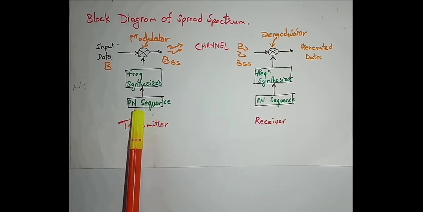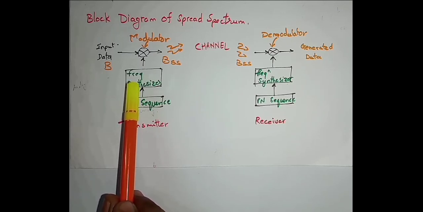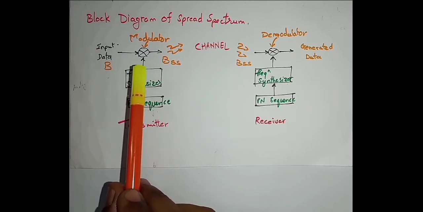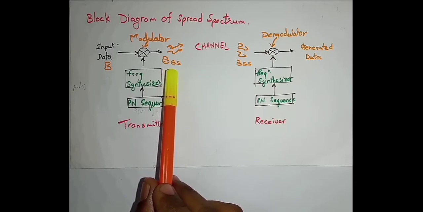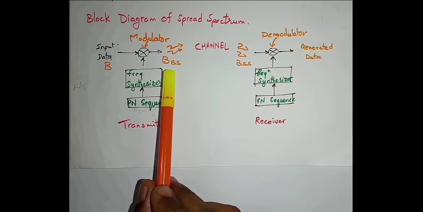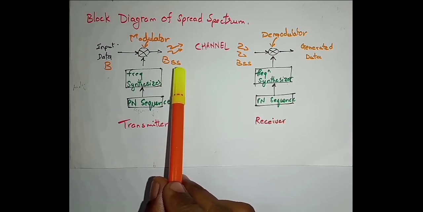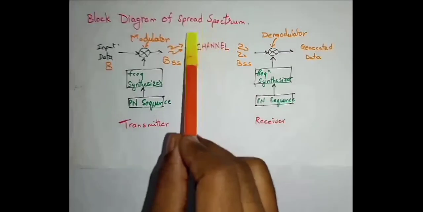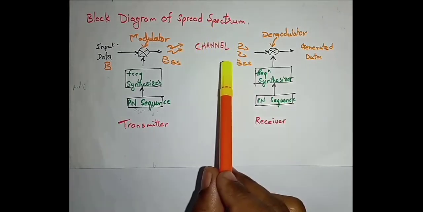This PN sequence is nothing but pseudo random noise, used by the frequency synthesizer for spreading of the signal. The modulator output is the spread bandwidth, which we have already seen. This is then transmitted through some channel.